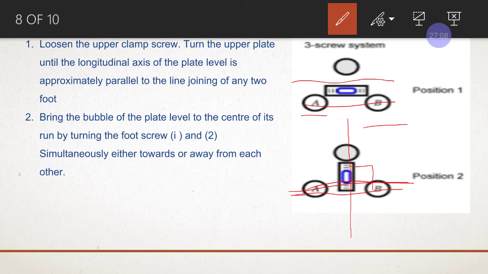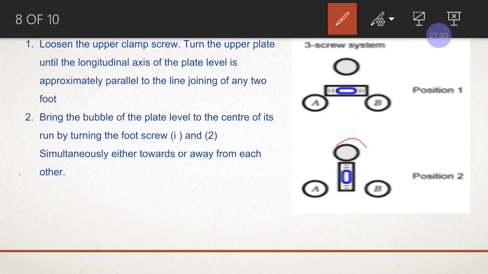Once it is perpendicular, the other foot screw which was not used previously, the third one, is to be turned clockwise or anti-clockwise till the bubble comes to the center of the bubble tube again, right?